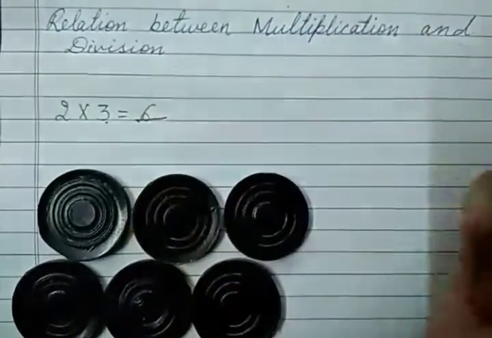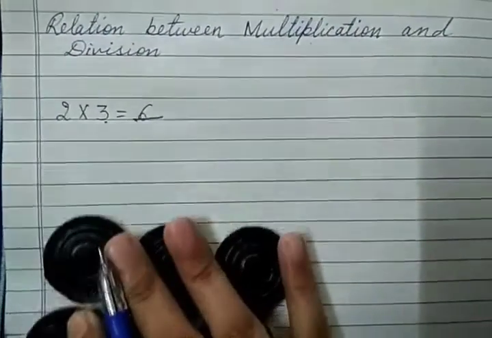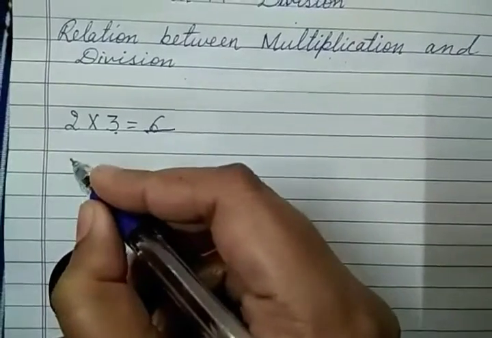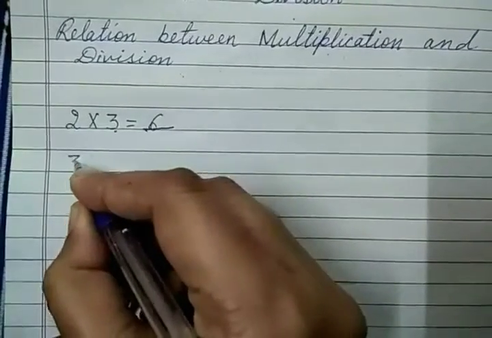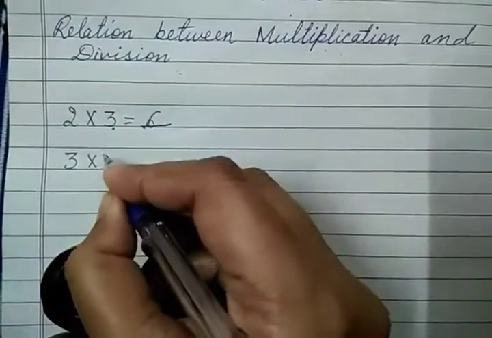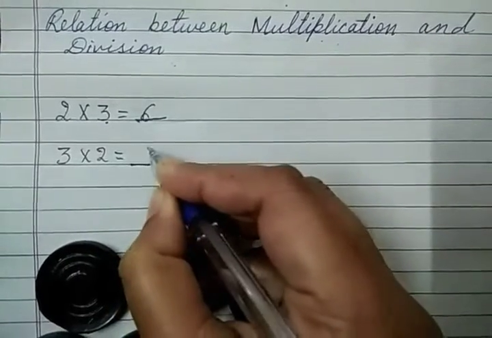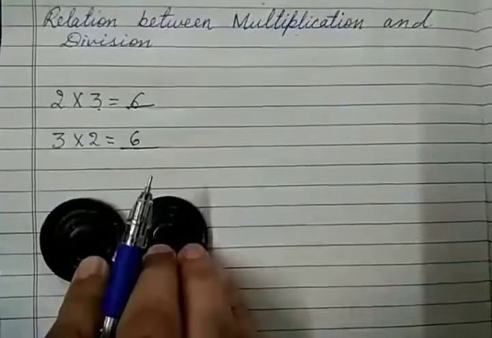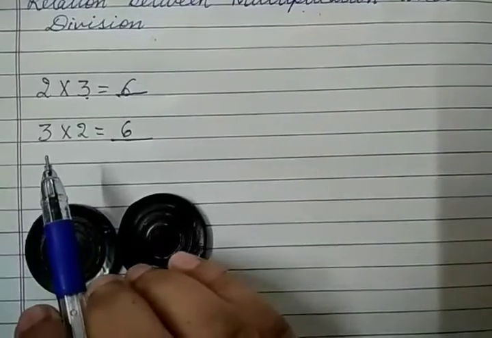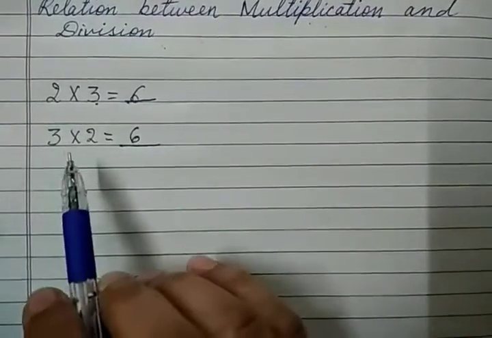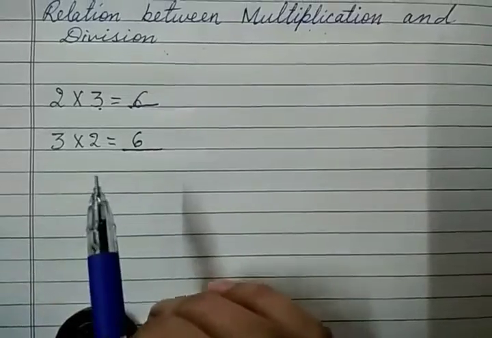The answer is 6. And as we already know, if we change the places of the numbers, that is 3 multiplied by 2, then also the answer will be the same, that is 6. So here we are making the group of 2's 3 times.